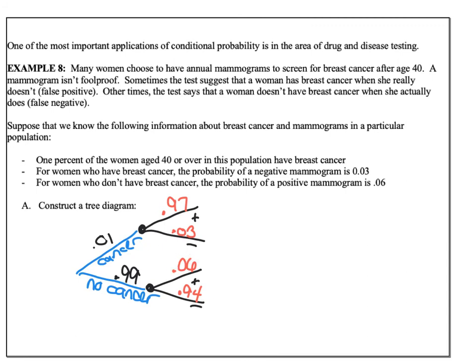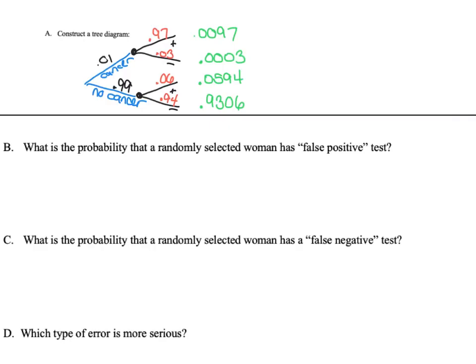The next thing I want you to do is pause the video and multiply your probabilities together and confirm that they add to 1. When I do it, I do get a sum of 1. So what is the probability that a randomly selected woman has a false positive test? What does that mean?